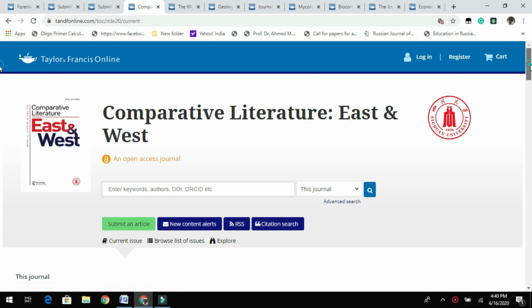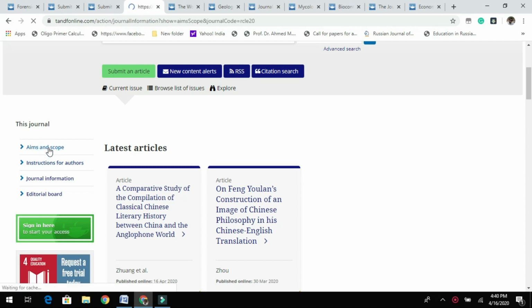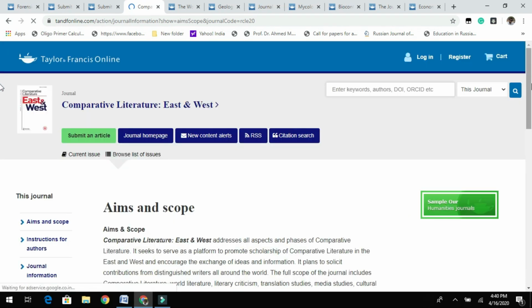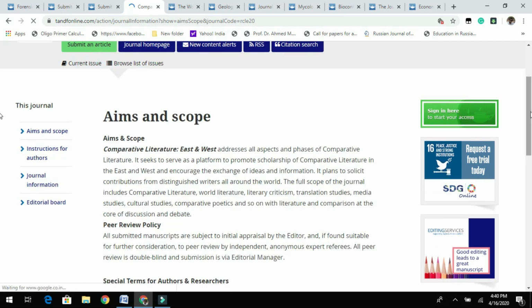It is an open access journal. Let us see the aims and scope of the journal. So here you can see the aims and scope of the journal.